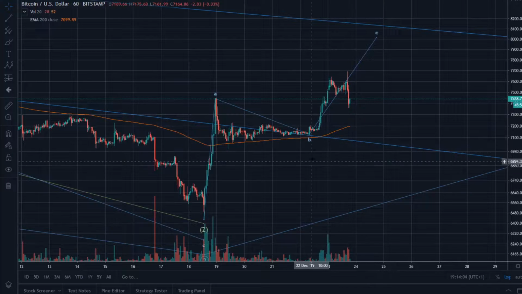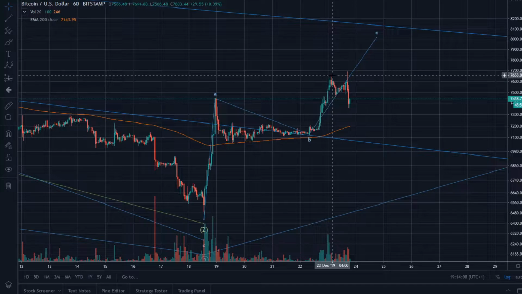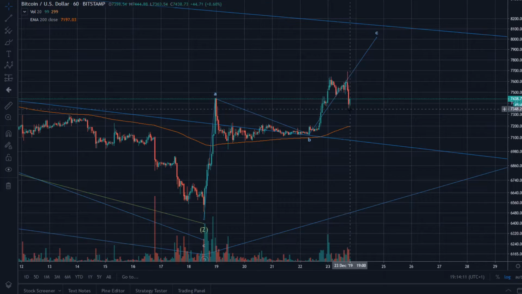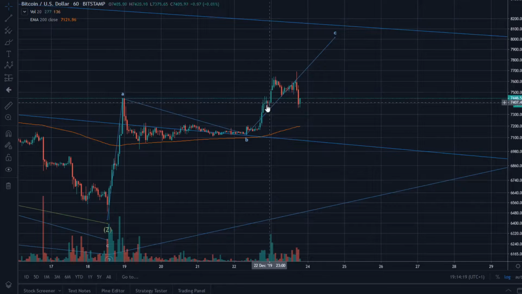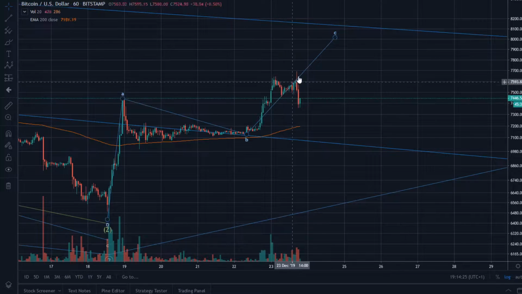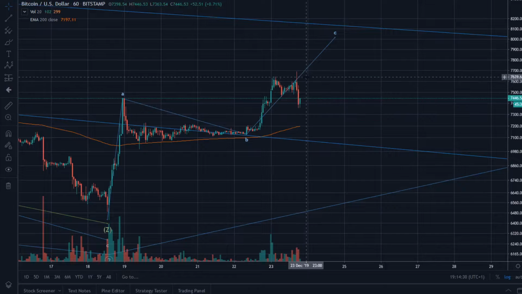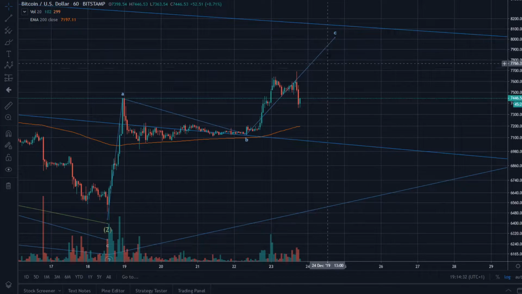And this is a very nice 1, 2, 3, 4, 5 impulsive move, A, B, C correctional pattern, all the way down to the area of the low of the previous wave 4. There was a rebound, so if we count this 1, 2, 3, 4, 5, this is the previous wave 4, so this correctional pattern A, B, C could be over.